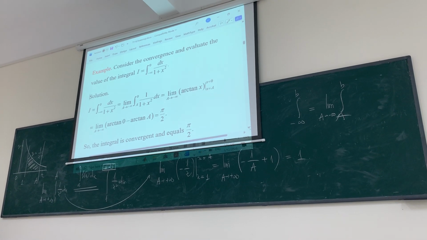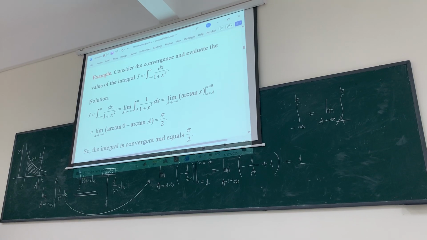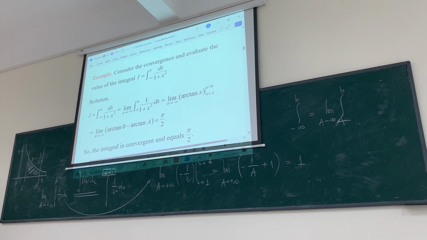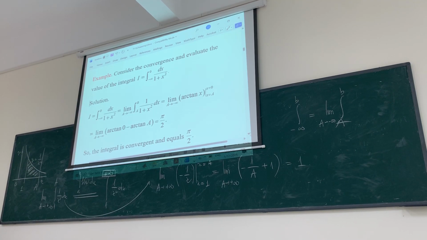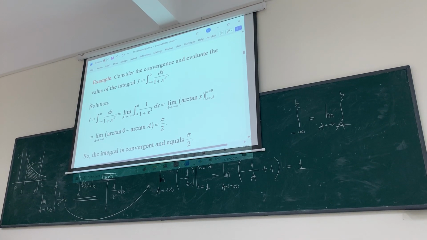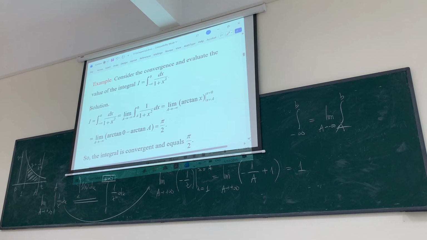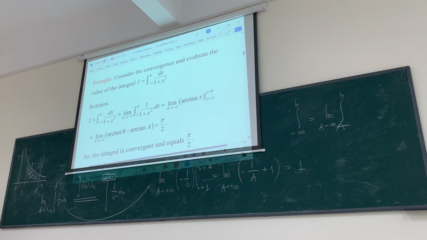We know to check the condition. Here we express the improper integral by the limit of the definite integral. You can estimate the limit here.